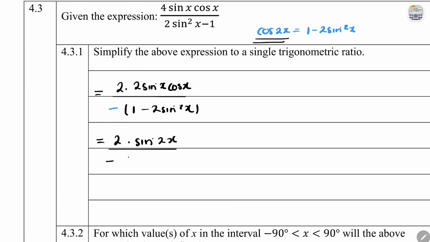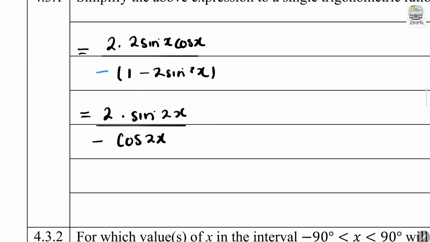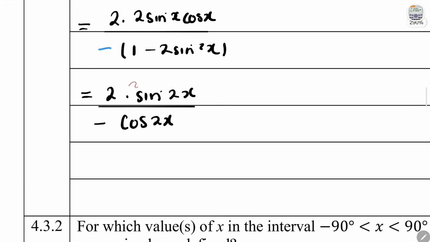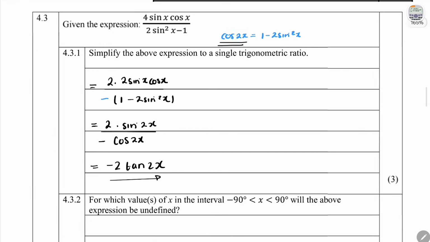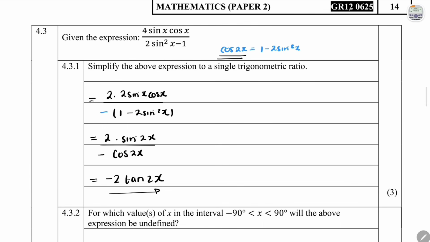So that simplifies to negative cos 2x. So we've got sine 2x over cos 2x. They will become tan 2x. So this is just 2 divided by negative 1, which is negative 2. So our answer is negative 2 tan 2x. And that is the single trig ratio it simplifies to.